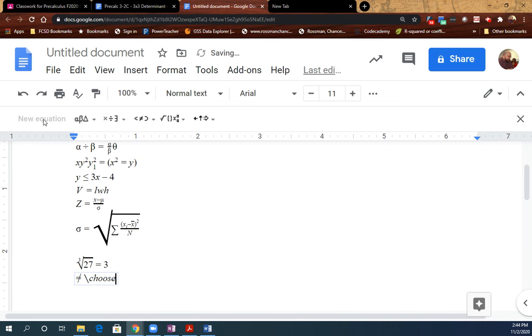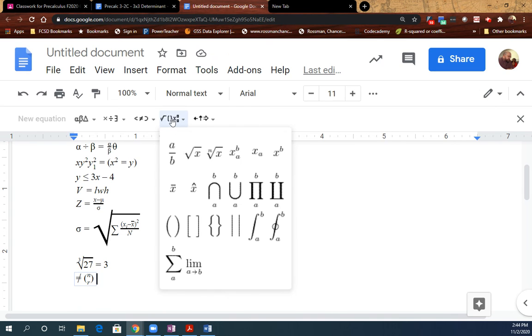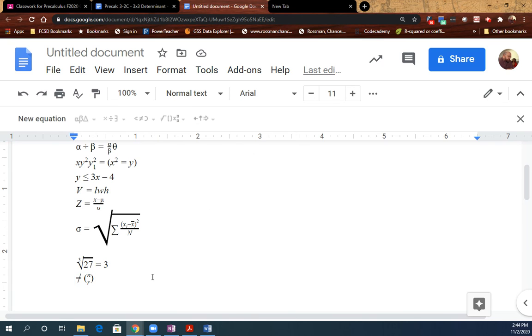Slash choose gives us our nCr, or n choose r. I'm doing a fraction. I don't want to go up to the fraction thing. I can type slash frac, notice this is the backslash. Hit the space. That gives me a fraction. 3, 4.